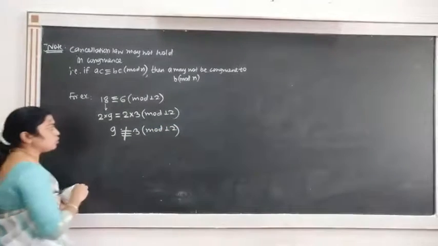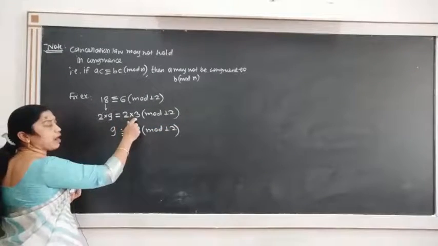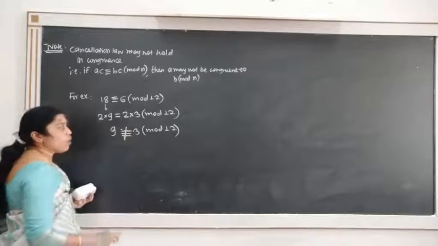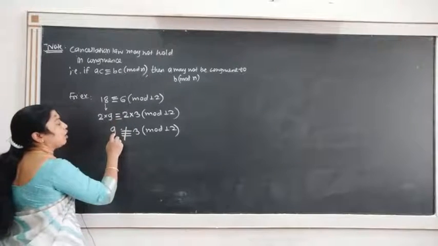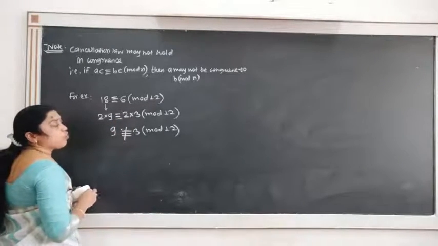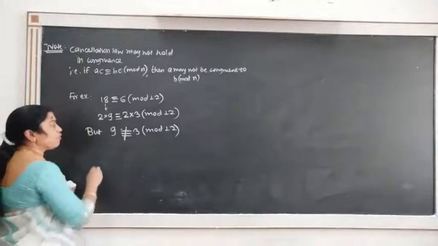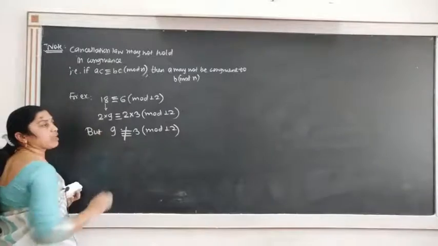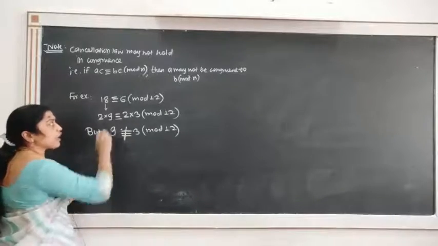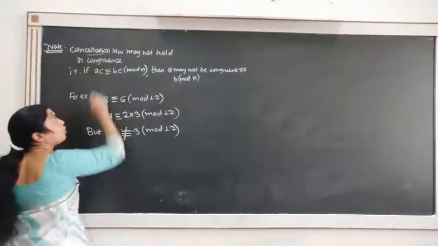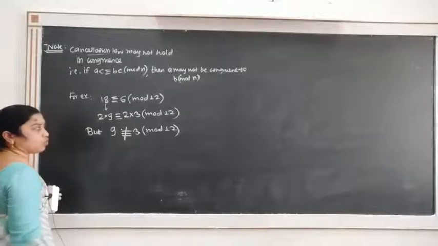If you cancel 2, we get 9 and 3 remaining. But 9 is not congruent to 3 modulo 12, that is, we are not able to cancel this 2. So cancellation law may not hold true in congruence.